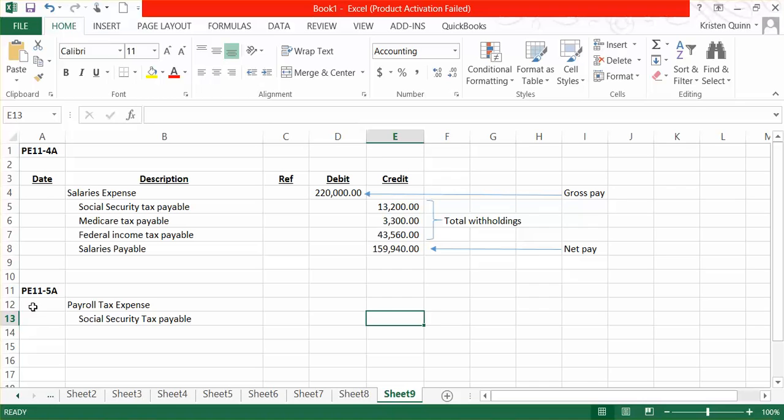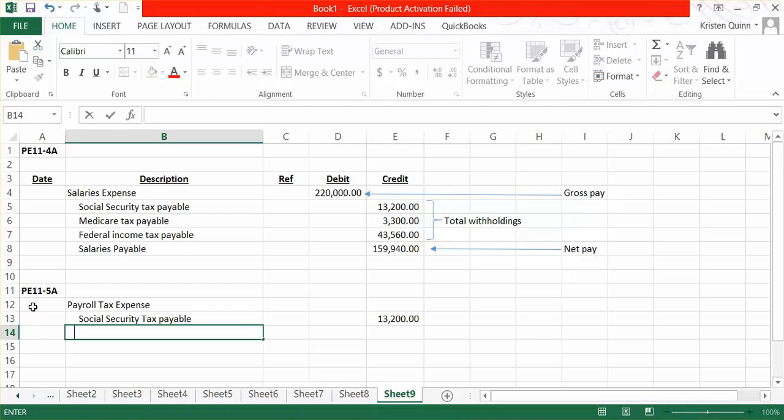We, as the employer, are required to pay federal unemployment tax and state unemployment tax.